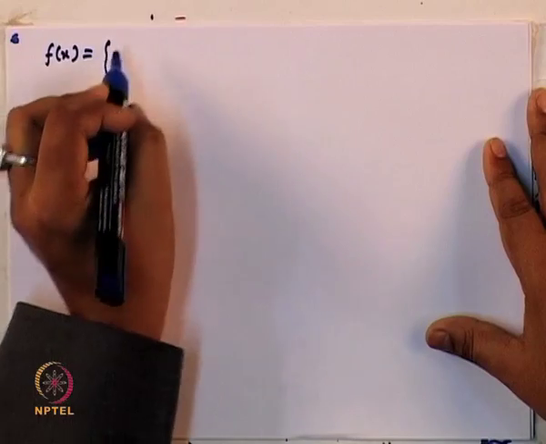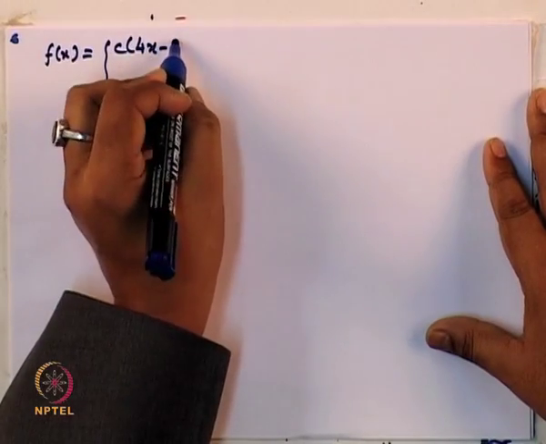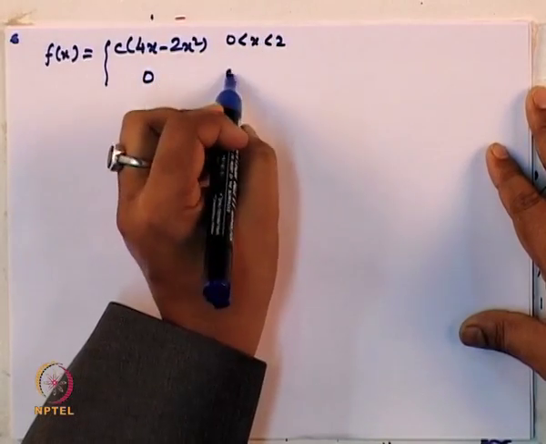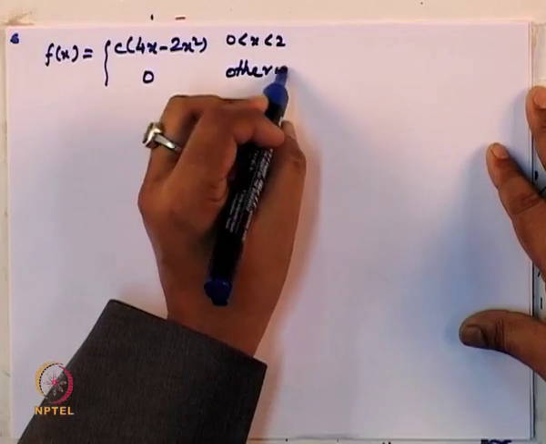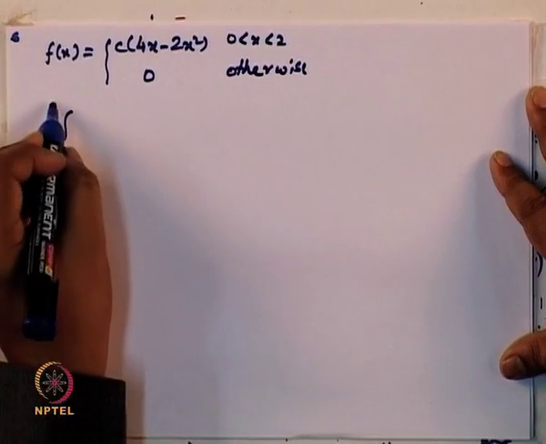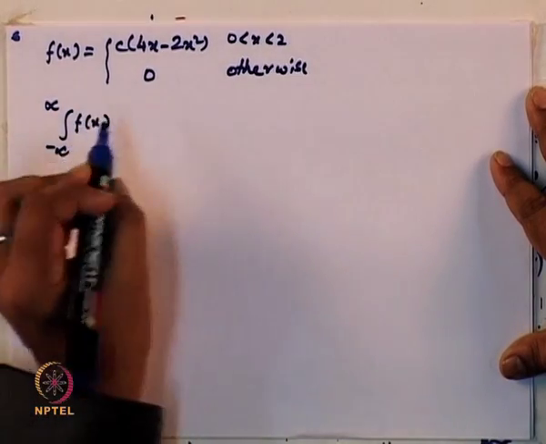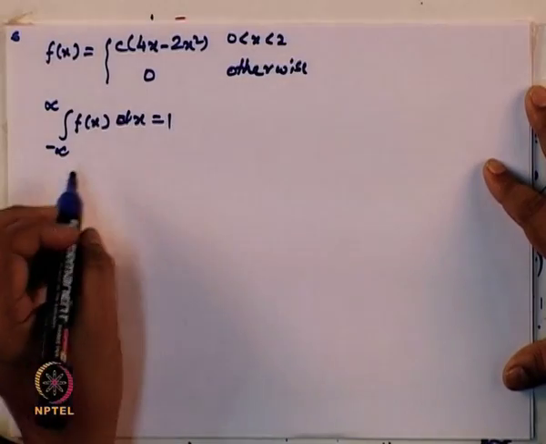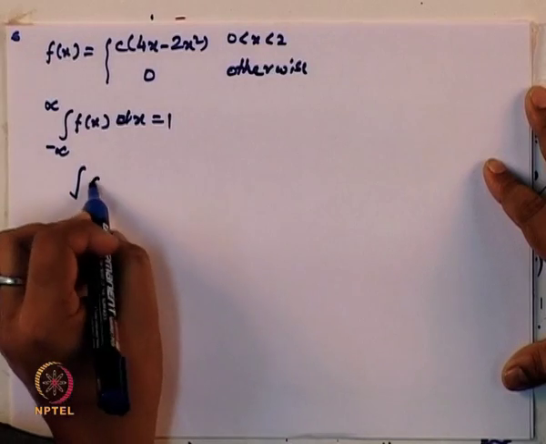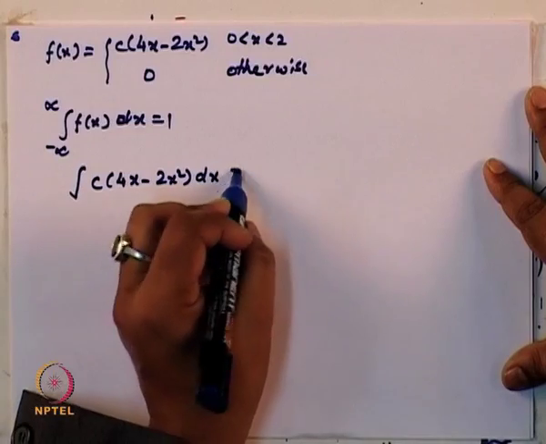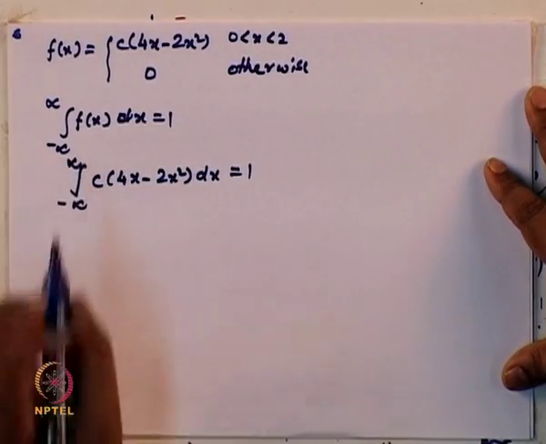So, I have been given f x, and I must have this constraint satisfied at all conditions. I can plug the values here. So, I have the integral of c into (4x minus 2x square) dx equal to 1 from minus infinity to infinity.